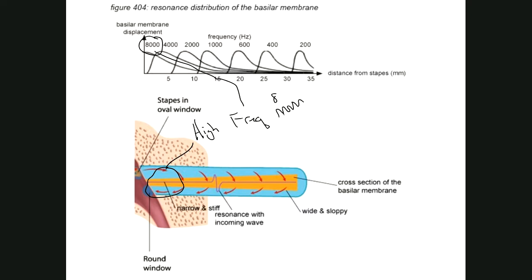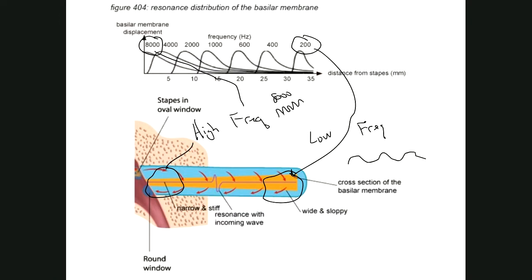That's a high frequency sound. But if we look at this part of the membrane, this is what matches it. It's a low pitch, a low frequency sound. Look, it only goes up and down 200 times in 1 second. Not 8,000, 200.